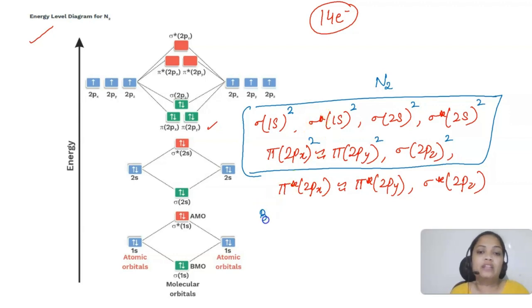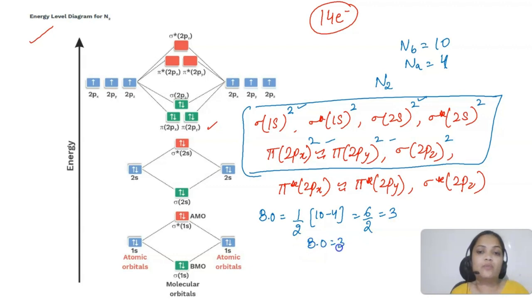Now if I have to find the bond order, so half, अब calculate the number of electrons in bonding molecular orbital. कितने हैं? 2, 4, 6, 8, 10. And anti-bonding में how many I am having? Only 4. Sigma star 1s में, sigma star 2s में. So 10 minus 4, it's 6 by 2 and it's 3. So you know students that bond order is coming out to be 3 and you know there is a triple bond between the nitrogen atoms.